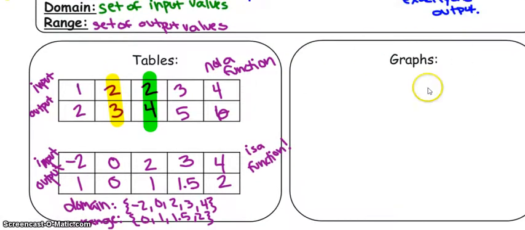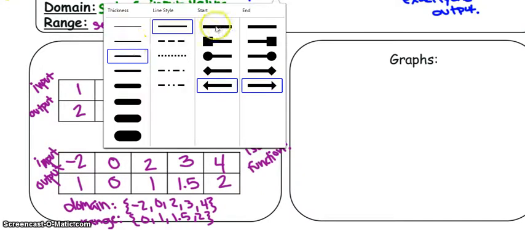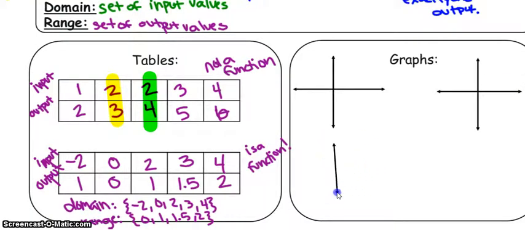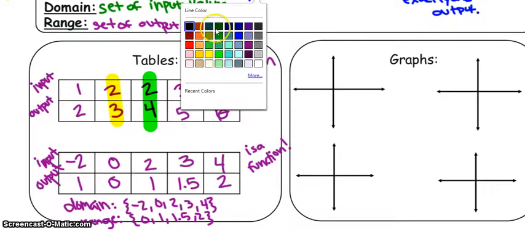Alright, then we're going to be over here on your graphs, and we're going to make 4 sets of graphs. So in our graphs we're going to look at different types of looking graphs.